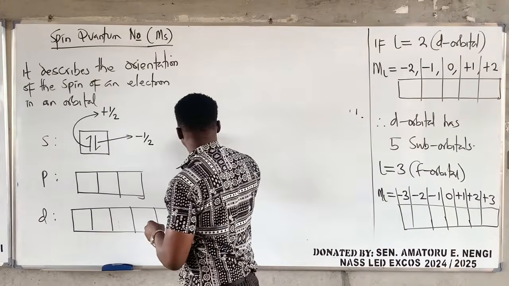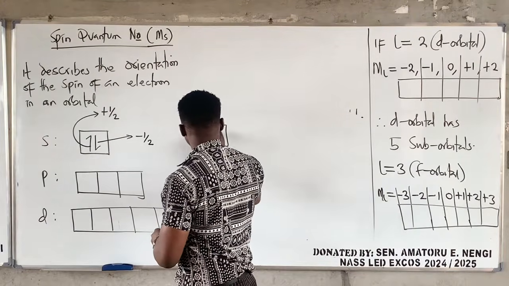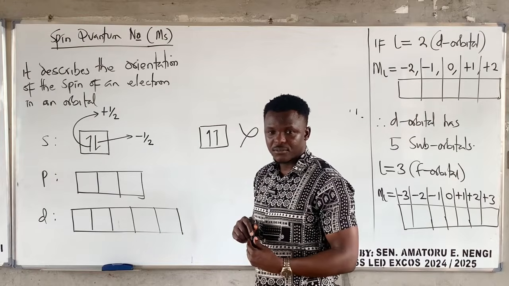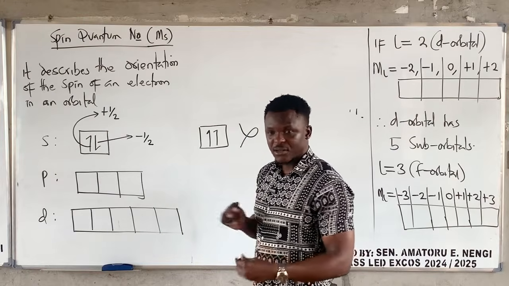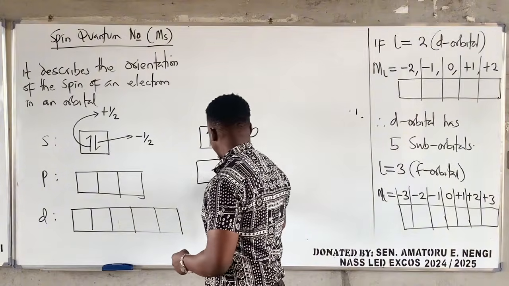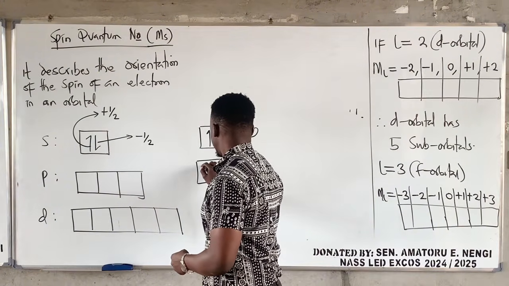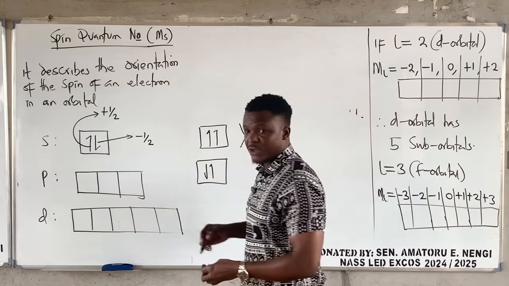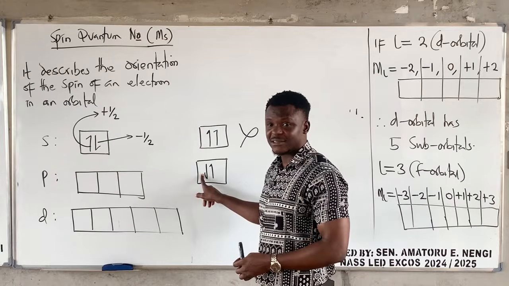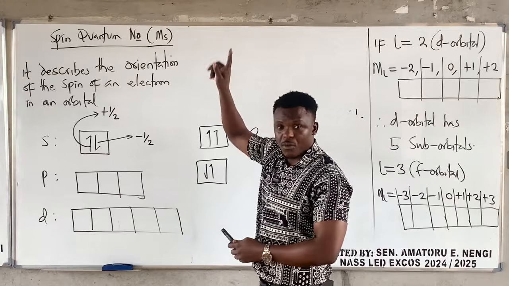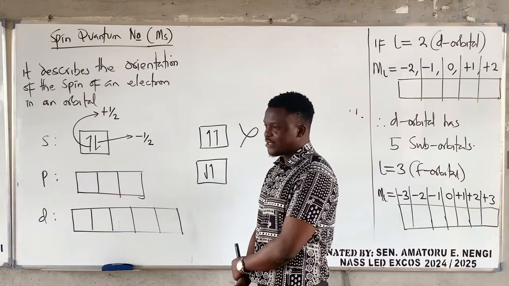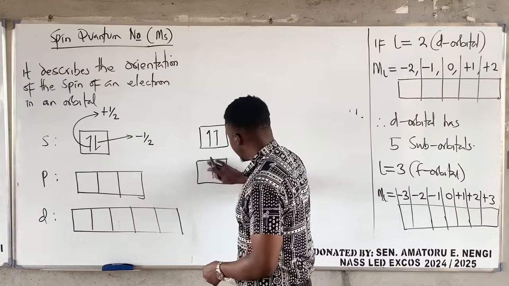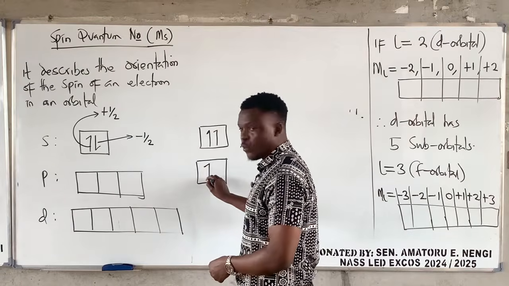No 2 electrons, listen, in an orbital can have the same spin. You cannot have something like this. This is wrong. You cannot have something like this. This is even wrong because the first electron that enters must do what? Point up. It's a must. So the correct thing to do here is the first one that you're writing out should be pointing up.